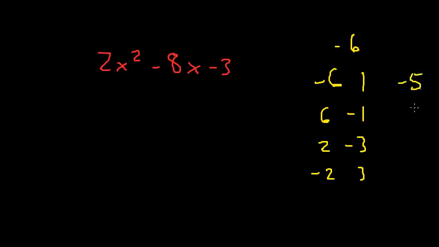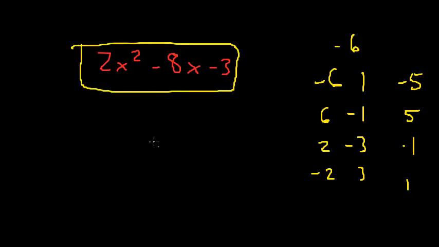I get negative 5 here, 5, negative 1, and 1. None of these are the negative 8 that I am looking for. And there are no other factors of negative 6. This means that this trinomial is prime.